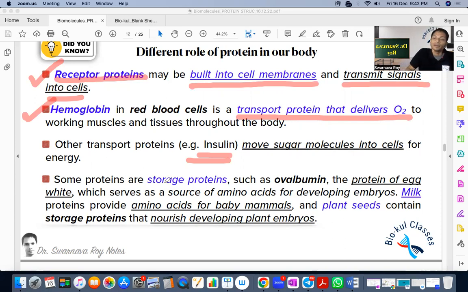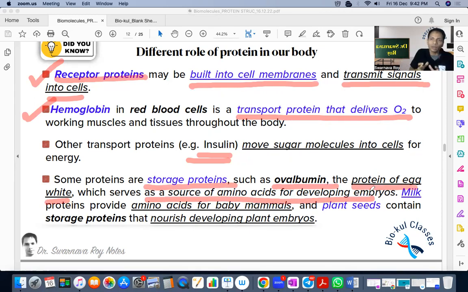Also, we have storage proteins like ovalbumin. Ovalbumin is basically the egg white. You have the egg, middle yolk, outside there is a white. The protein of the egg white is called ovalbumin, and it serves as a source of amino acids for the developing embryo.